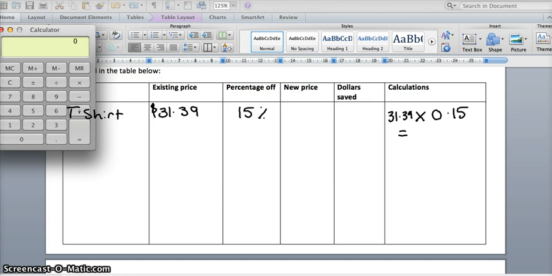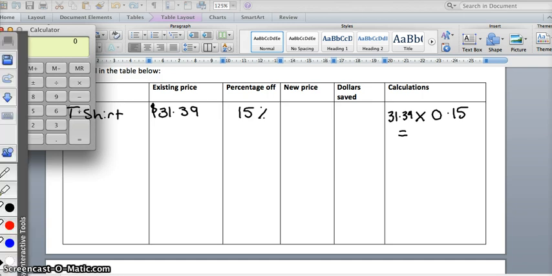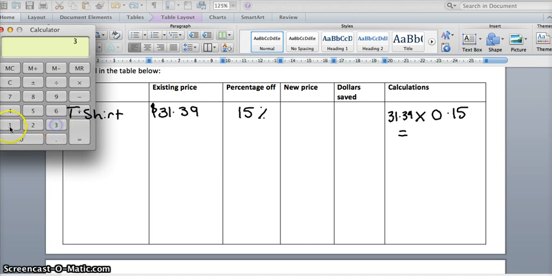Let's calculate it. 31.39 multiplied by 0.15. There's 15% off, and you're going to pay $4.70 for that t-shirt. Does that equate? No. What number is that? That's the difference between the two prices. That's the dollars saved. It's the dollars off that you don't have to pay.